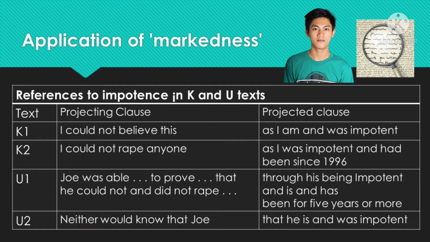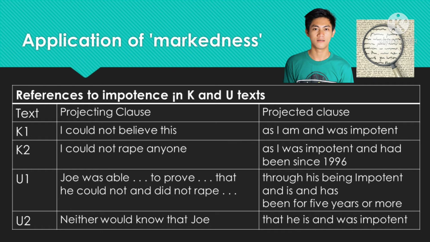The application of markedness. This is the table for references to impotence in known and unknown texts. For K1, the projecting clause is "I could not believe this," while the projected clause is "as I am and was impotent." For text K2, the projecting clause is "I could not rape anyone," and the projected clause is "as I was impotent and had been since 1996."